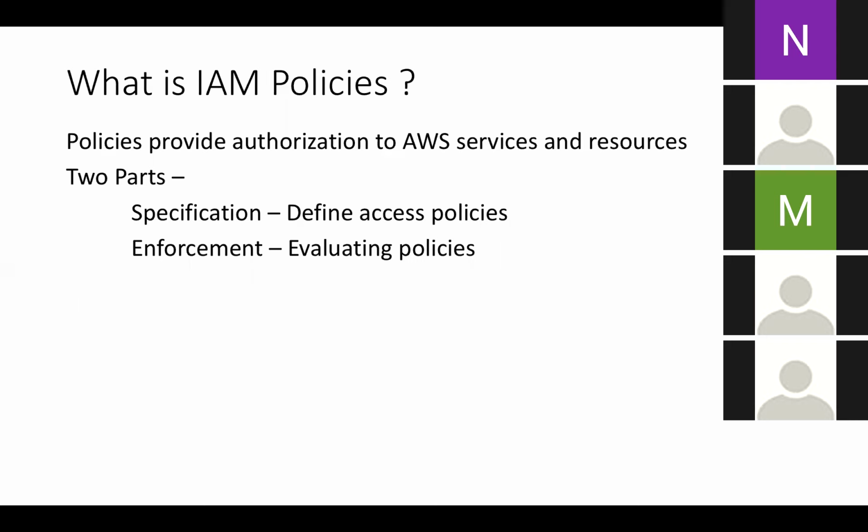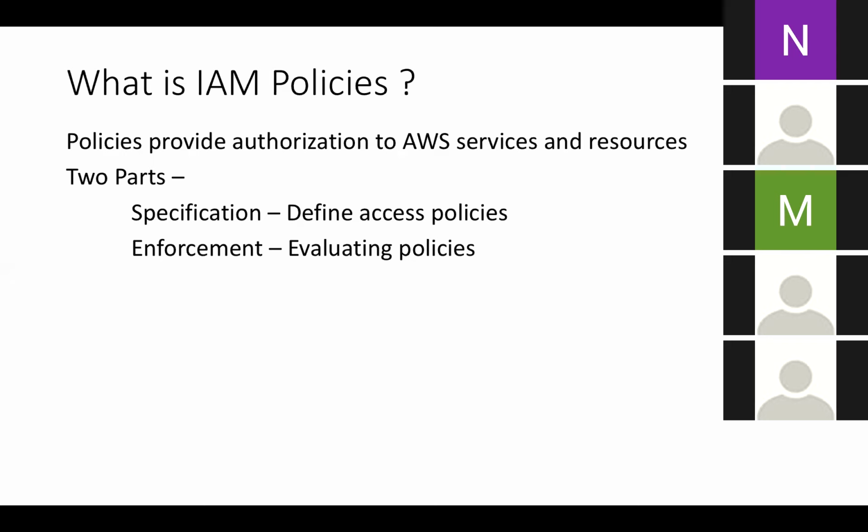And the enforcement is done by AWS. AWS sees the policy which is created and assigned to this particular user, and whether that user is able to perform the task. It's about enforcing that policy to your user.